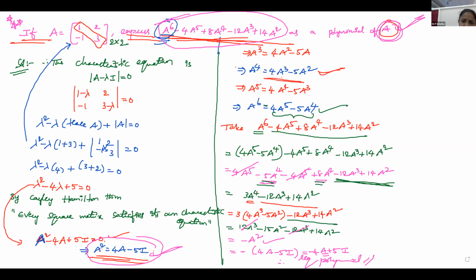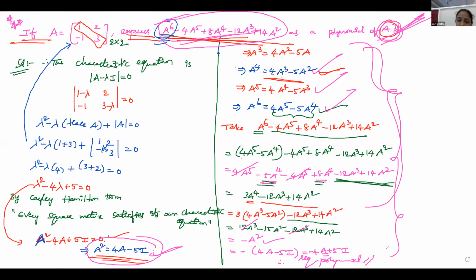That will be, you have to find that one. This total term in terms of a means you can use any method directly. You can substitute all these values, a power 6 value, a power 5 value, a power 4 value, directly here, and also you can find the a value like that. Otherwise, you can follow this method. This will be somewhat easy.